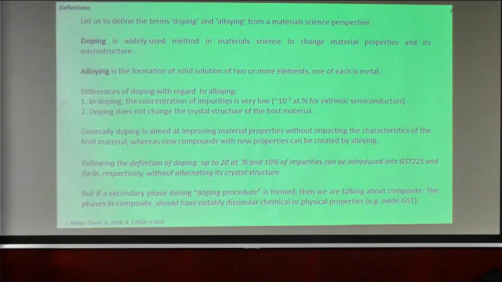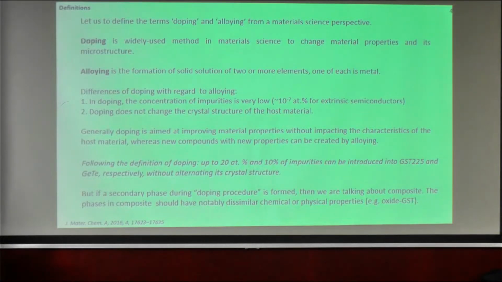Now, if we follow this terminology, so if we go above this atomic percent, more than 10 to the minus 7, then we are talking about alloying. However, in the case of the GST material, we know already that it contains around 20% of vacancies.